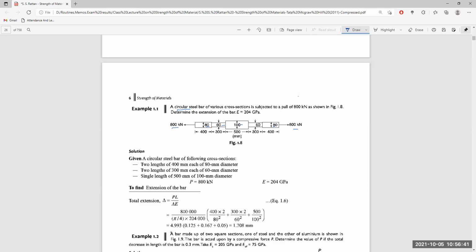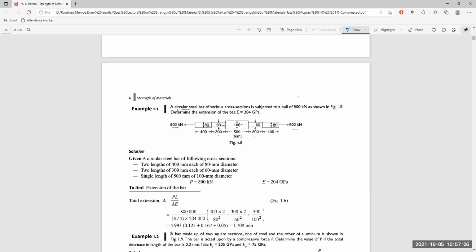They have different lengths also. The length between these two sections is 400. This is 300. This is 500. All in millimeter: 300, 400. All are different. So how will you calculate the elongation? As it is loaded by 800 kilonewton, it is loaded uniformly everywhere.